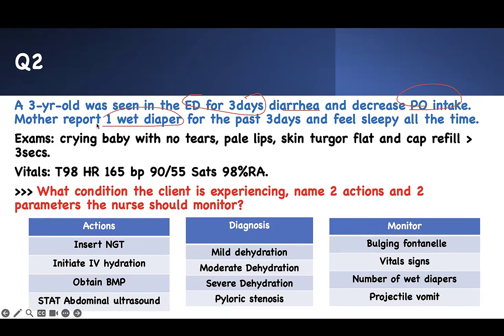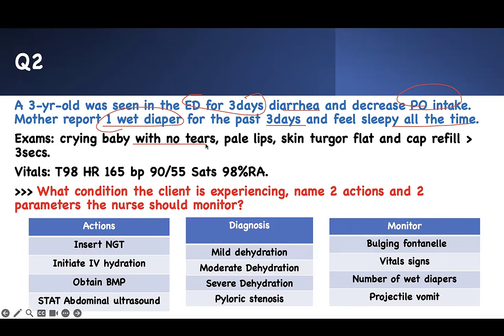Mother reports 1 wet diaper, consistent with dehydration, for the past 3 days. That means in 3 days the patient had 1 wet diaper and feels sleepy at all times. When you're dehydrated, you're going to feel sleepy. Examination: crying baby with no tears.